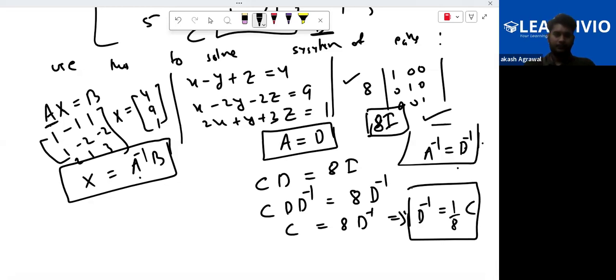Sir, how is this not using our brains? This is the only thing we have been doing in the last 10 questions, right? We are just multiplying inverse. See, if this is using your brains, then wait for integration. I'll just give you the heads up: integration is the chapter where you will be using your brains.